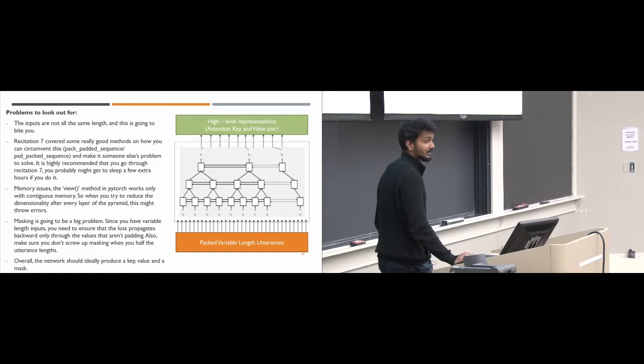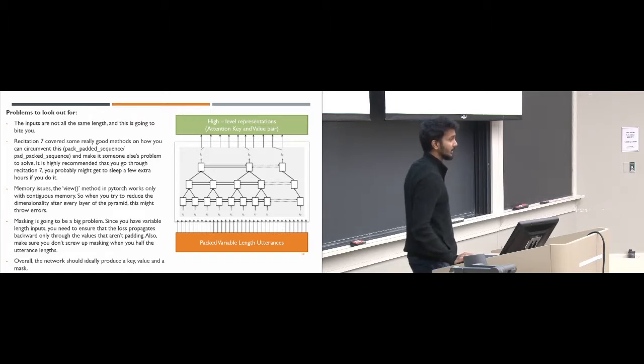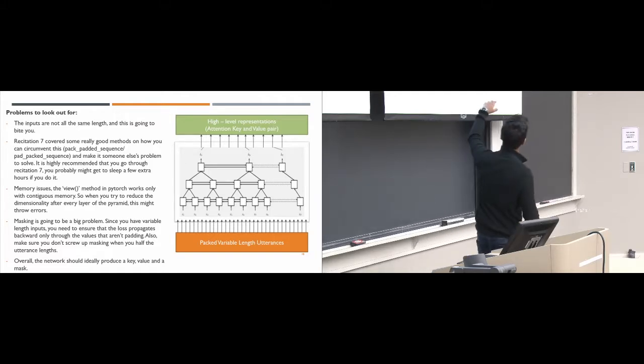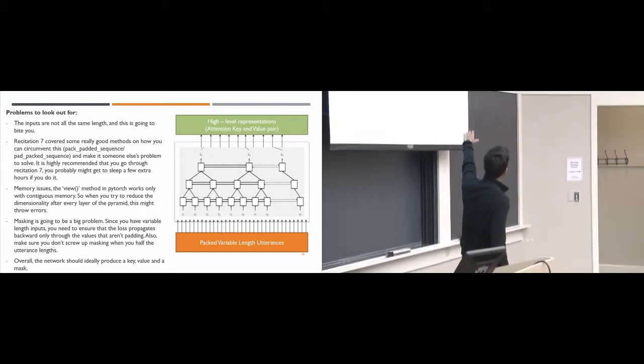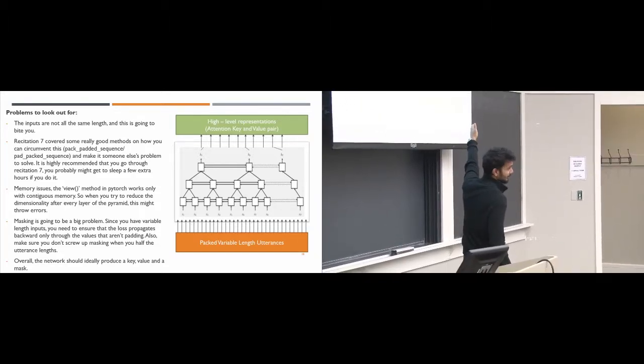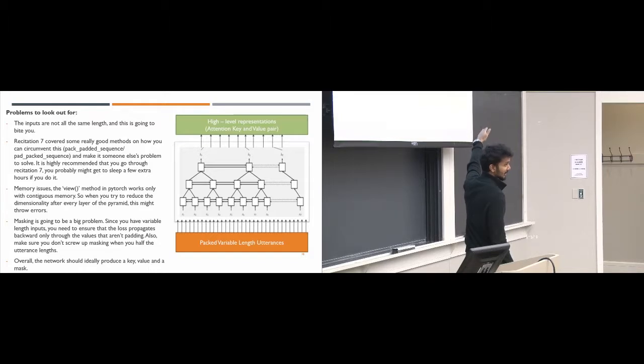And then masking is going to be a huge problem, because you're dealing with variable length sequences that keep changing size from one layer to another. If you have a length of L here, the sequence is going to be L by 2 in the next step. And with the sequence, your mask is also going to change. Your mask is also going to be halved. It happens with every layer.